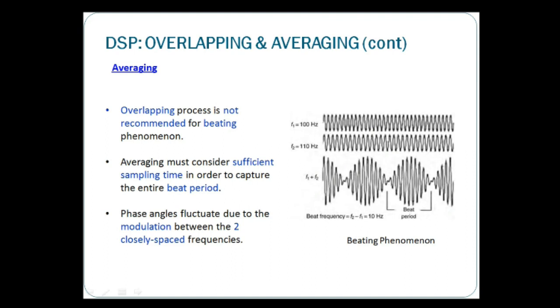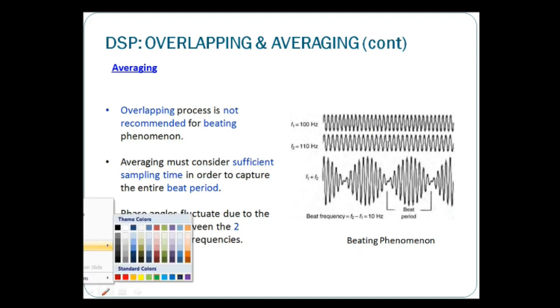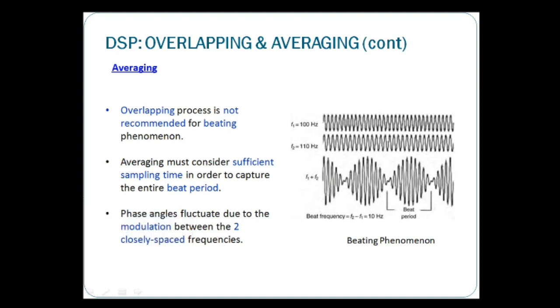All right. So if you are doing overlapping, then it will become an issue. You are sharing every block. Let's say I'm taking this as my first block, right? In my first block, I have a signal going up, then down, and going up.